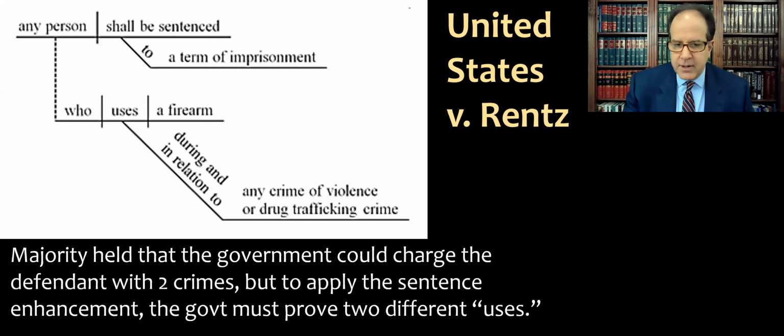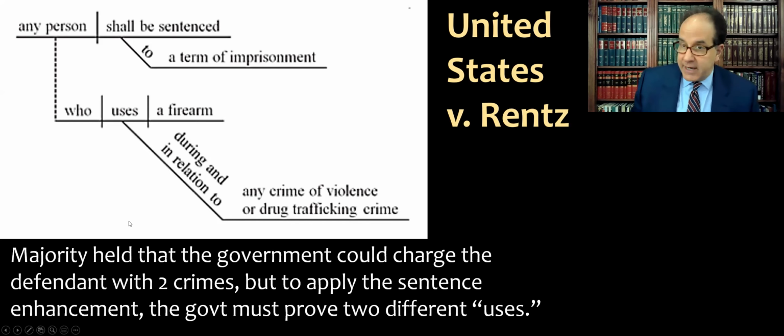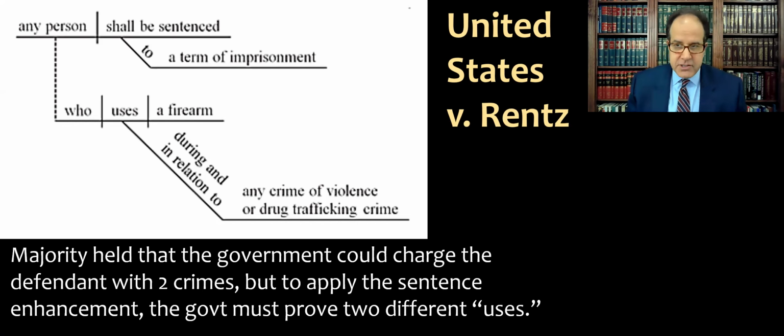Reasonable minds could differ about how to interpret this very confusing statute. And so we have dissenting and concurring opinions in the case that go through other parts of the toolbox of statutory interpretation, like legislative history, policy arguments, and other canons of construction.